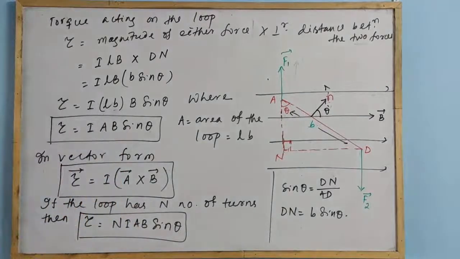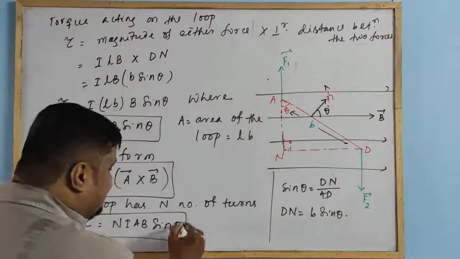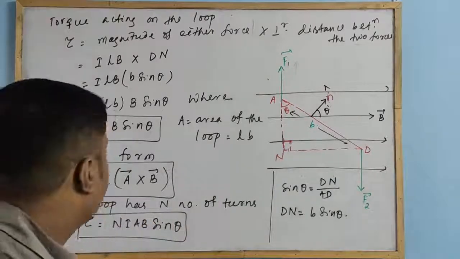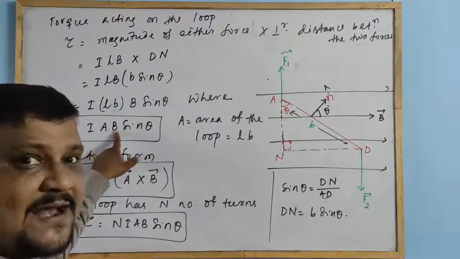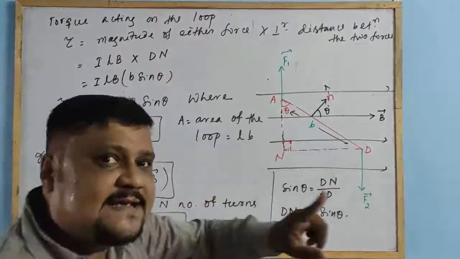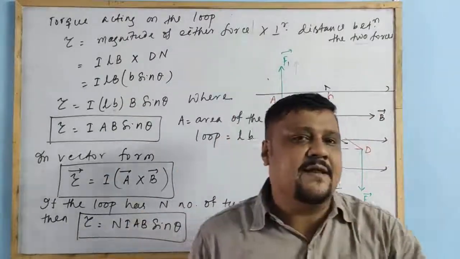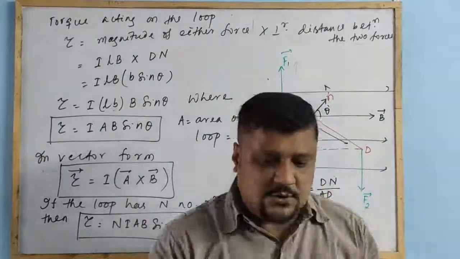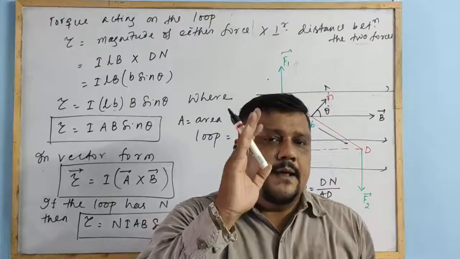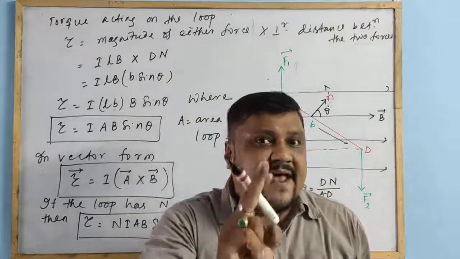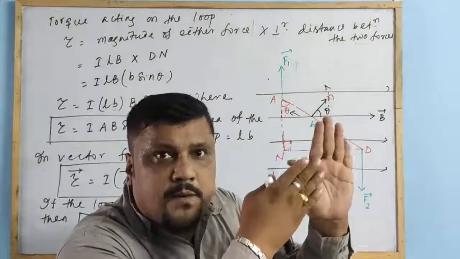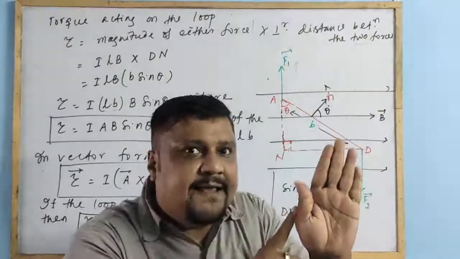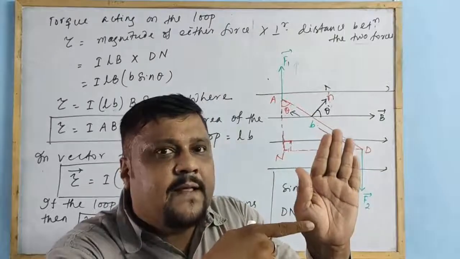Another thing, remember one thing. Here, what is this theta? Let me write again, I am repeating. Theta is the angle between the area vector and the magnetic field. In a question, suppose the area vector is not given. Suppose the question says the plane of the loop makes an angle 60 degree with the magnetic field.